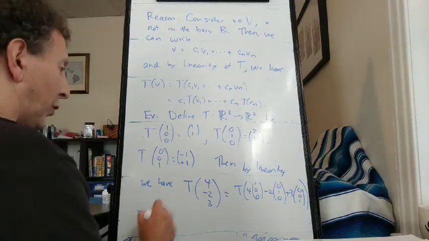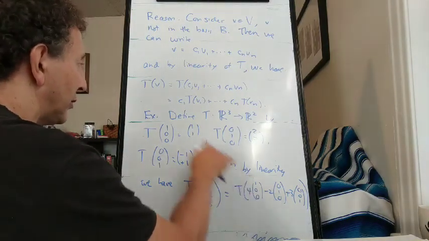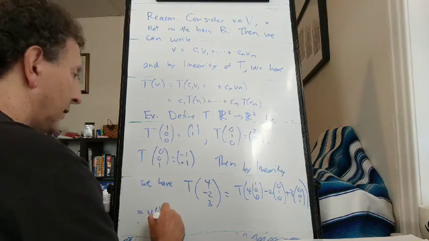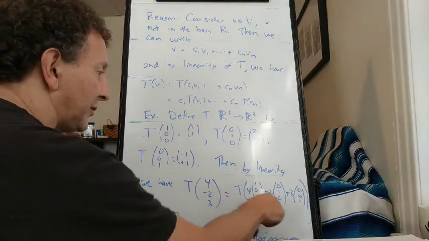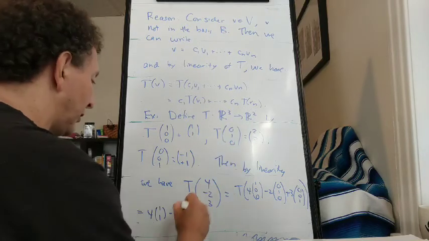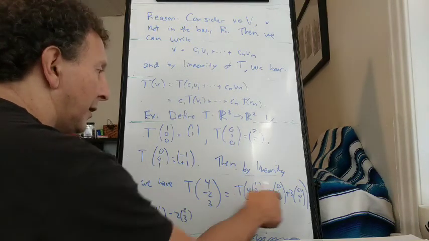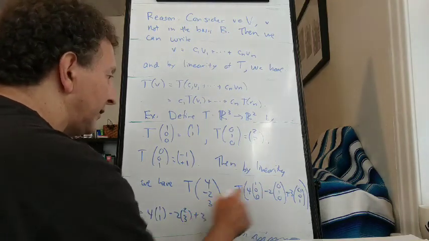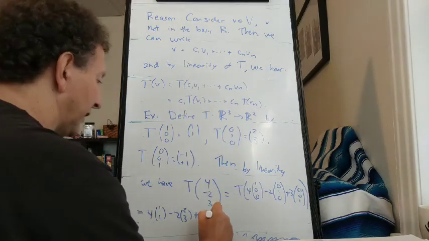which is 4 times T of 1, 0, 0, which is 1, 1, minus 2 times T of 0, 1, 0, which is 2, 3, plus 3 times T of 0, 0, 1, which is negative 1, 1.